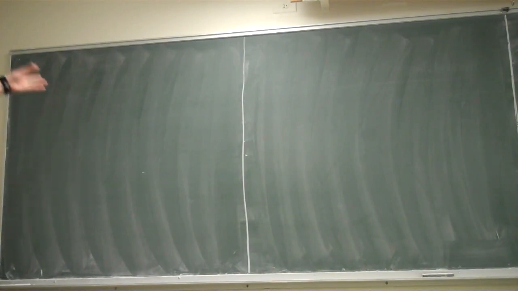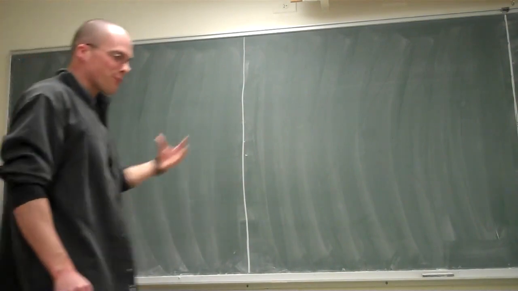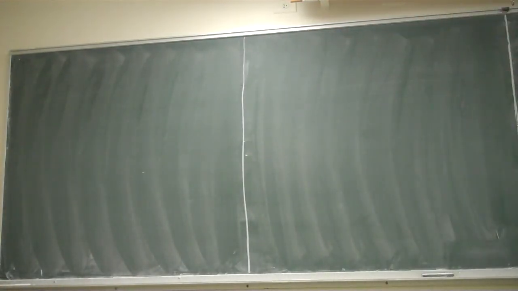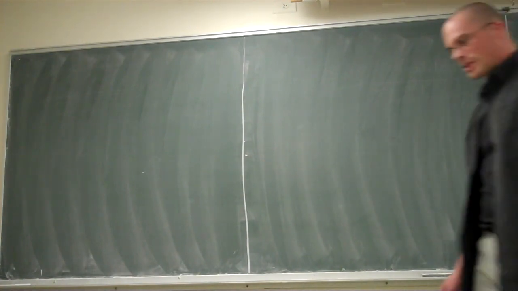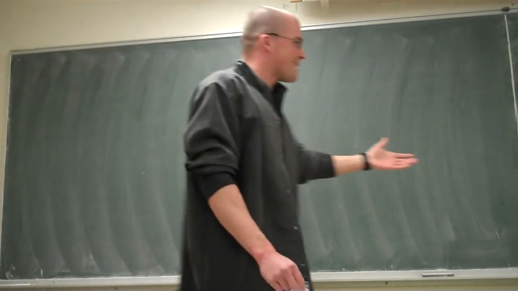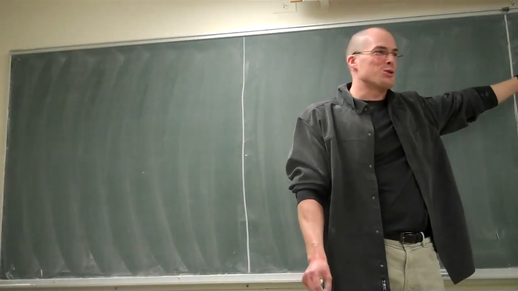In forcing, you're looking for an object, the generic, which you want to have certain special properties. And what does the process you force with consist of? Well, it consists of approximations to the generic. And even if you do co-forcing, it consists exactly of the approximations we were using here.